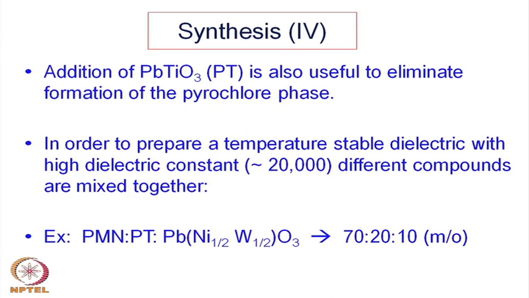So, one example is PMN with PT, PT means lead titanate, and lead nickel tungstate. Some amount of lead nickel tungstate is also added, which also has a relaxor ferroelectric structure. So, this solid solution is sometimes used for practical purposes.